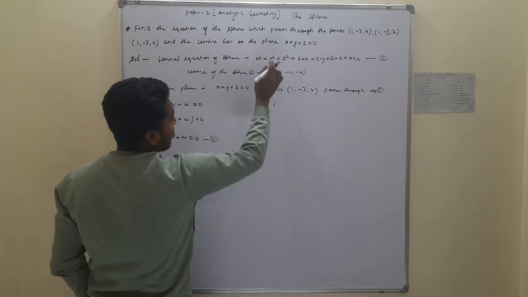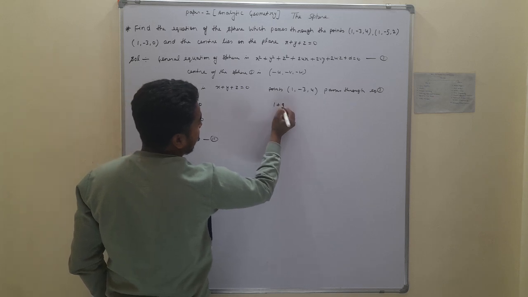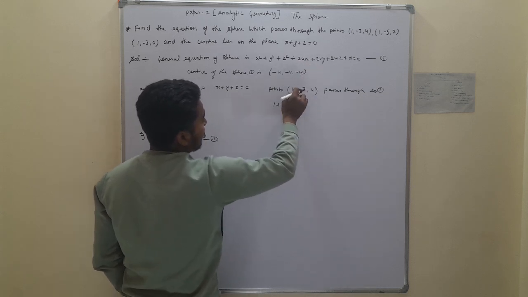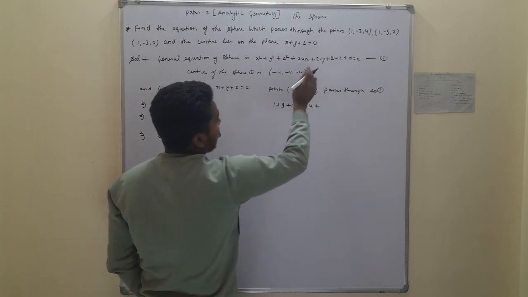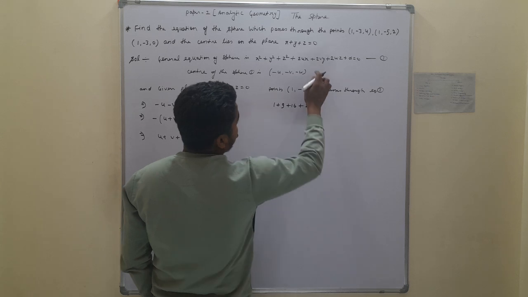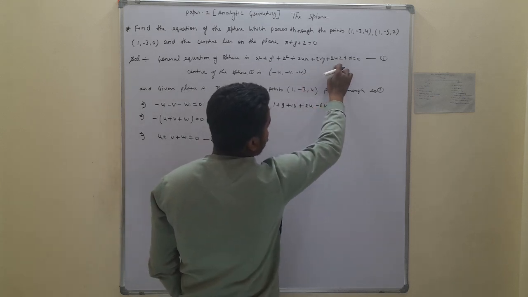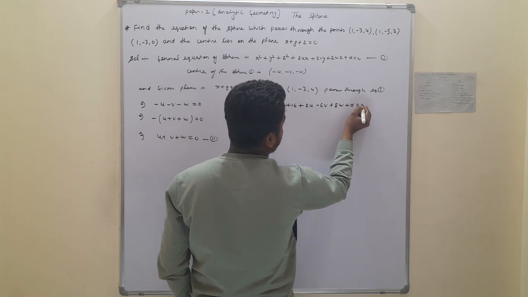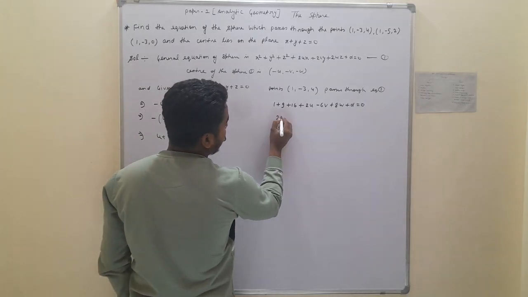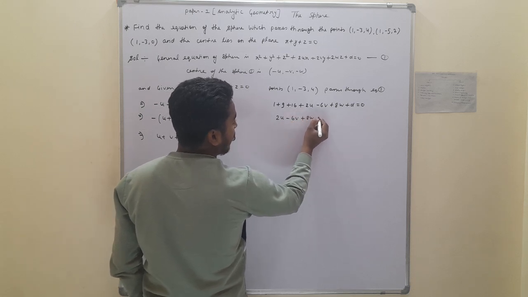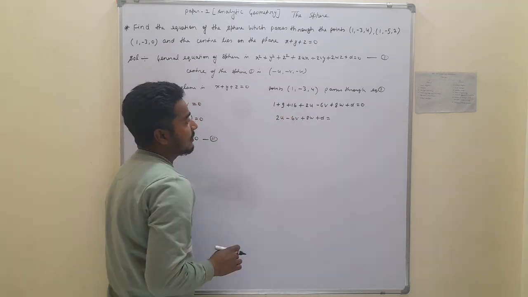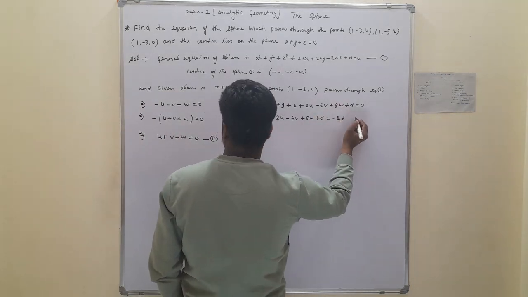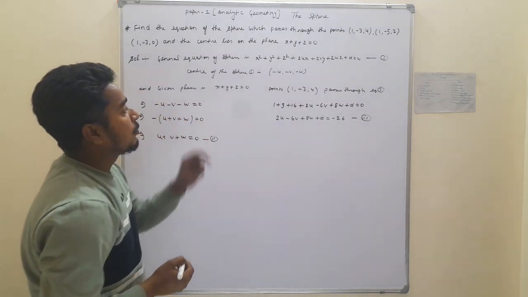We get 1 + 9 + 16 + 2u - 6v + 8w + d = 0. From here we get 2u - 6v + 8w + d = -26, since 1 + 9 + 16 is 26 and is taken to the right-hand side. This is equation 3.